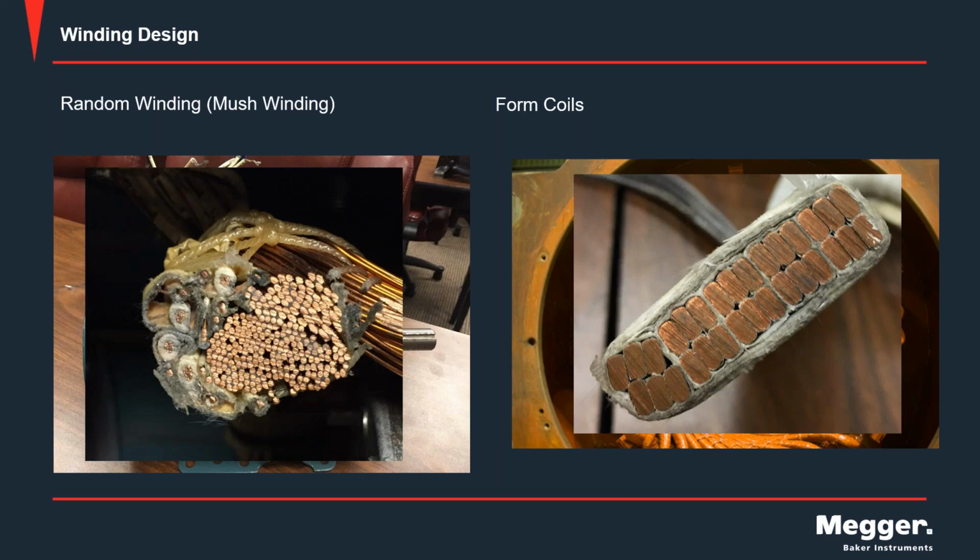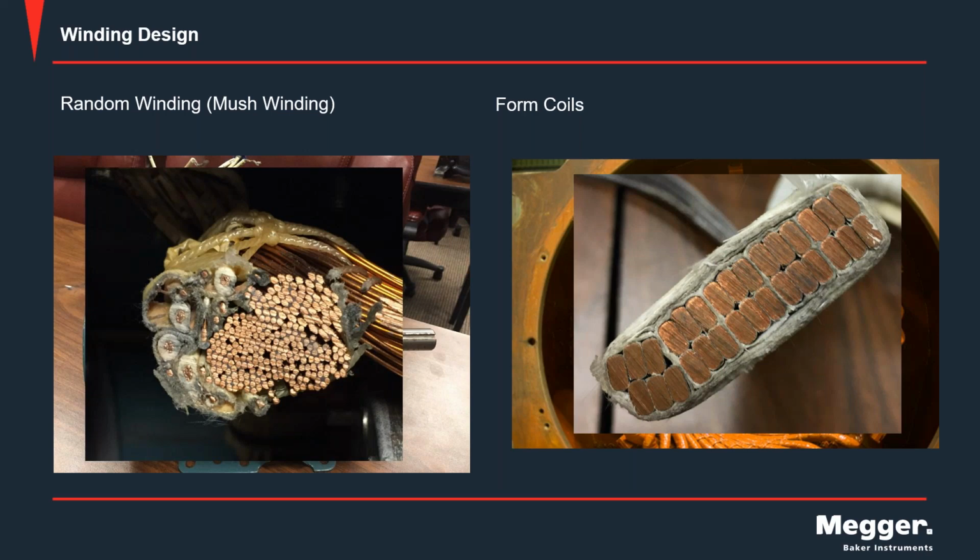At startup, contactors bounce, and we get high voltage spikes that cause a nonlinear drop of voltage across the windings. This nonlinear drop means that between turn 1 and turn 2, there's going to be a bit of a voltage drop, but it's less of a voltage drop than between 1 and 15. So that's why the form wound coils are used in the larger, higher voltage motors.